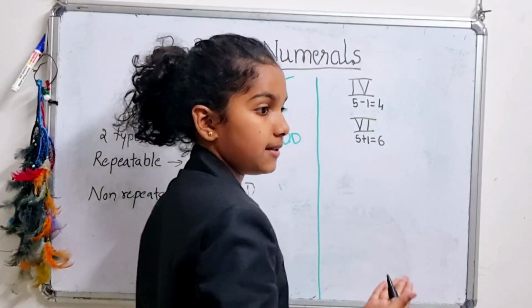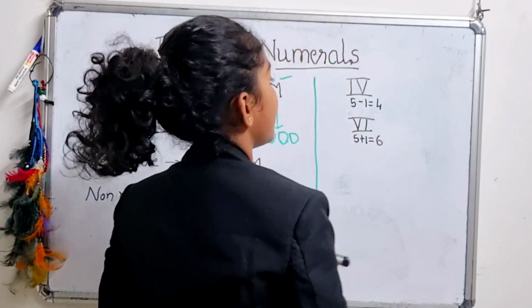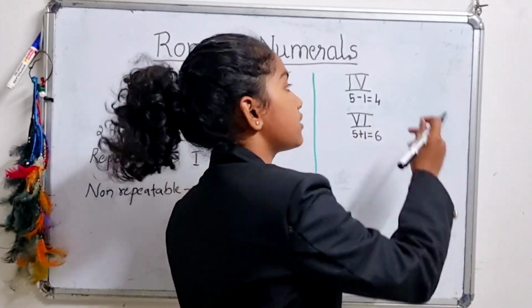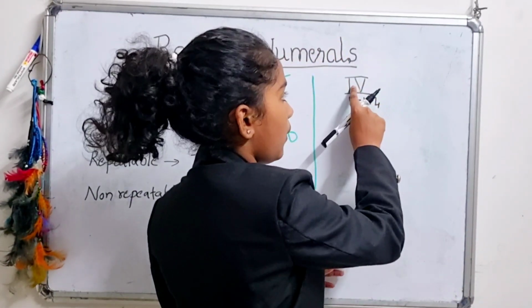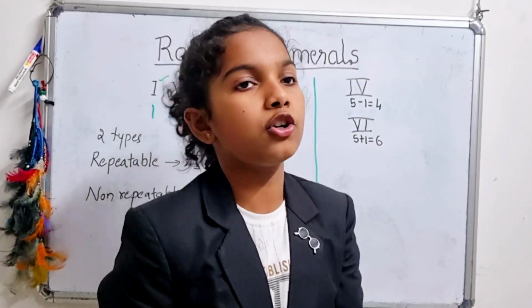So this is 6. And the same applies to 9 and 11. So now we got 6, right? It's not only 6. We get 4 by subtracting, and we can only subtract it once. So we can write 1 and subtract it. We cannot write 2 here and expect it to be 3. We cannot do that.